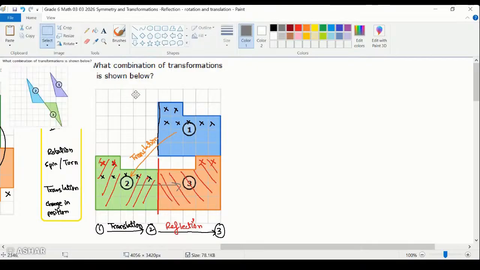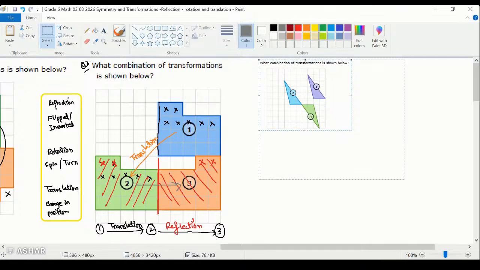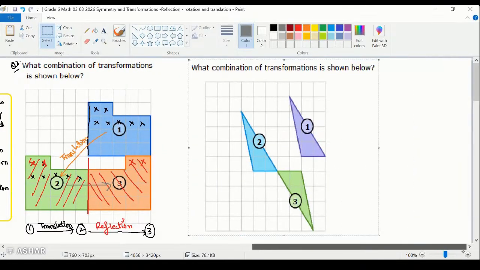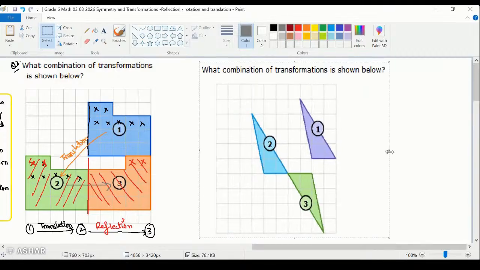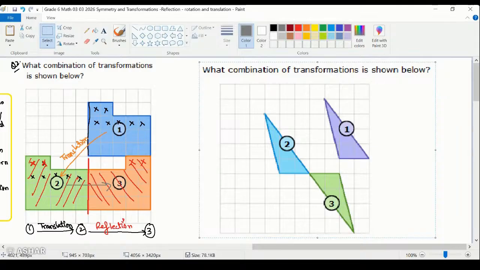For the next one, the next question says, if this is the information that has been given to us, this is our question number 3.